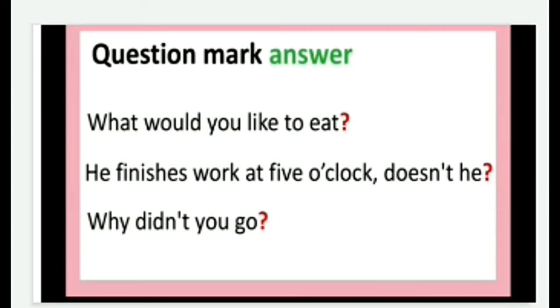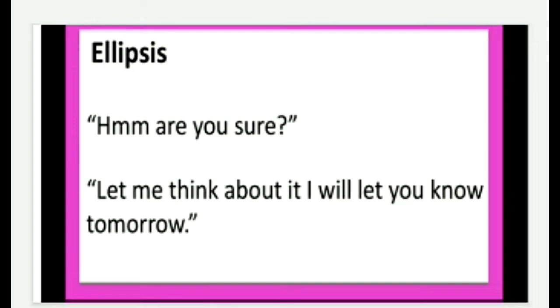And then last, ellipsis points. Gokul, can you try this? "Yes. Are you sure?"